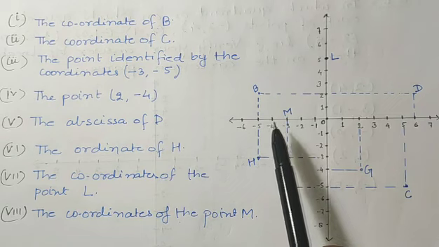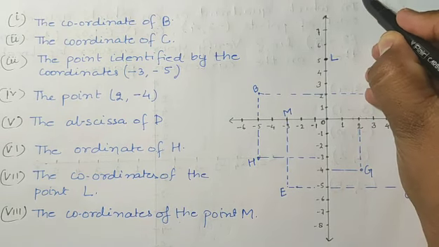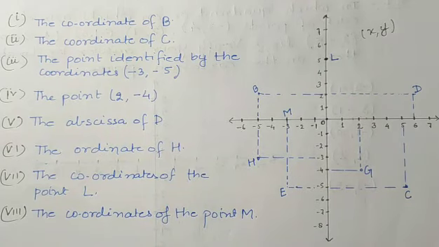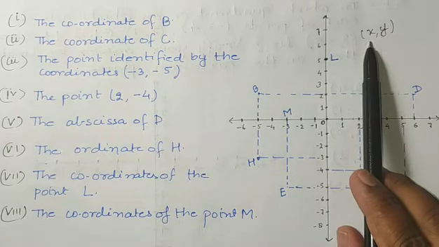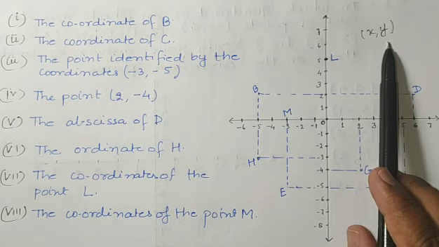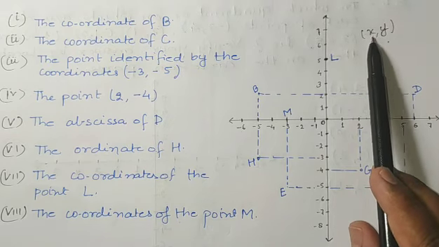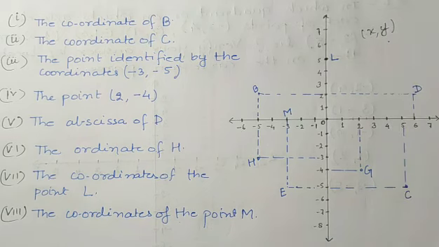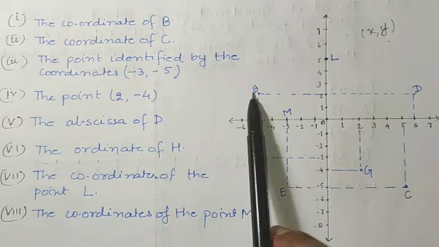We will write each coordinate in the form of (x, y), where x is abscissa and y is ordinate. That means x is the distance towards the x-axis and y is the distance towards the y-axis.